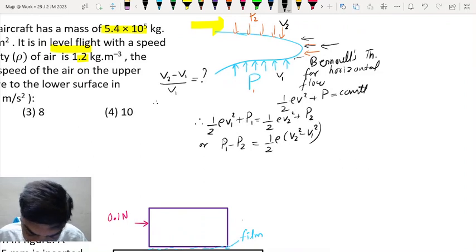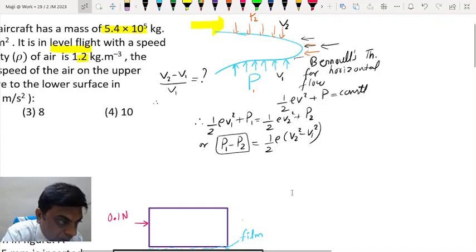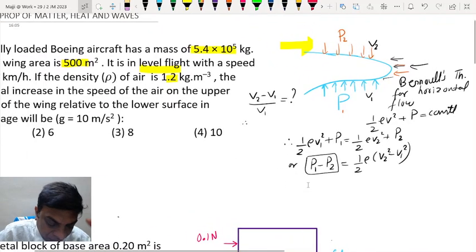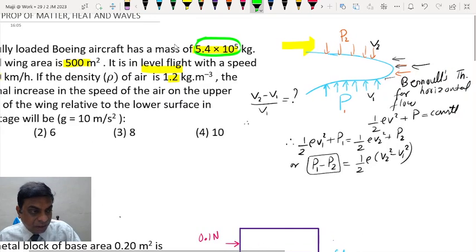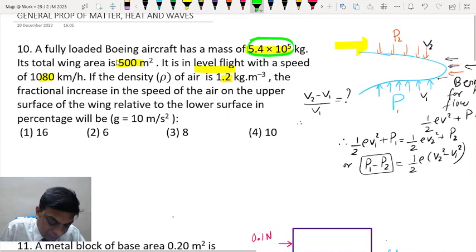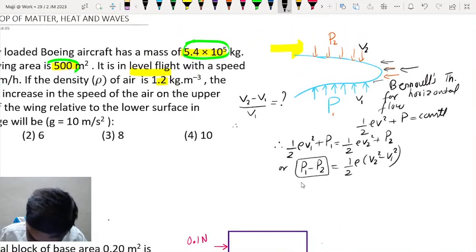So this pressure difference should be adequate enough to raise the Boeing aircraft, because the weight of the aircraft has been given, mass into g. So based on the weight and its area, you can find the pressure required. So the pressure required to lift the Boeing aircraft is this. That is the required pressure.